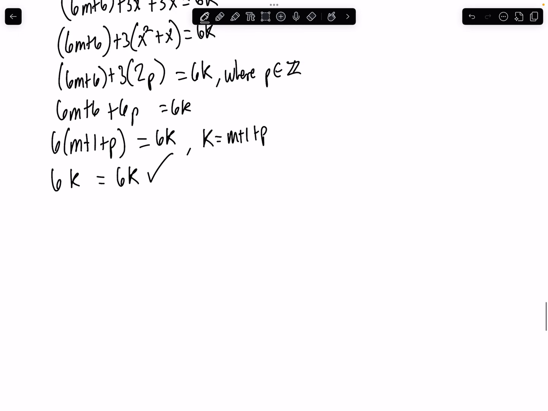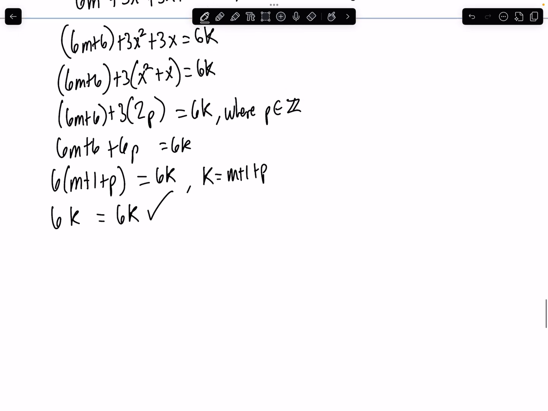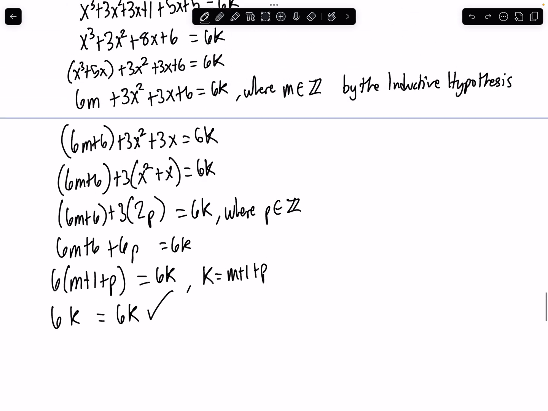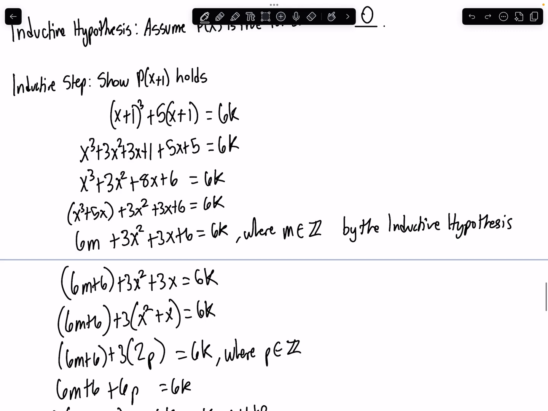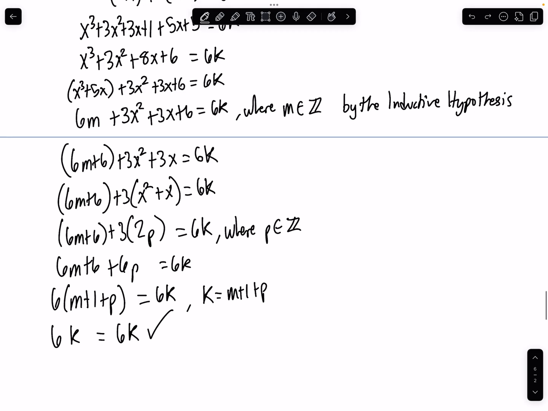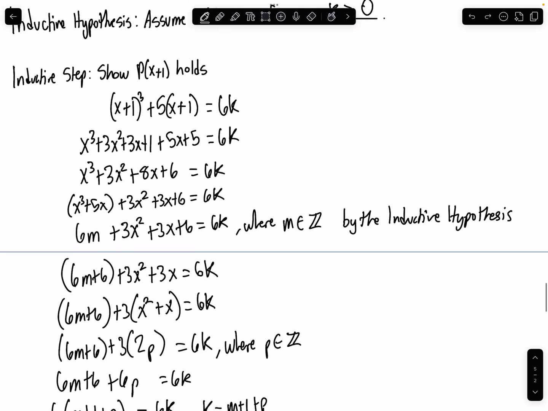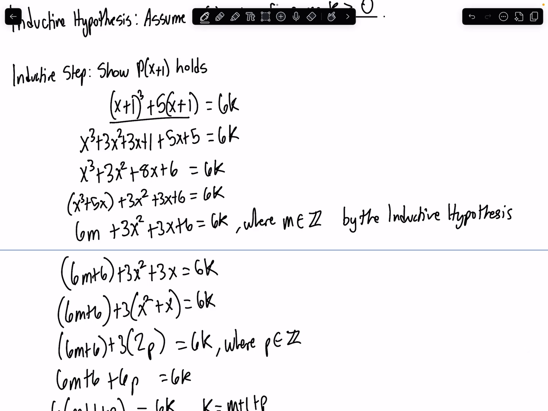So basically, what we've proved here is that the left side of our equation is a multiple of 6. At every line in this column, the left side of the equation is a multiple of 6. Going all the way back up to the top row, which is P of x plus 1.